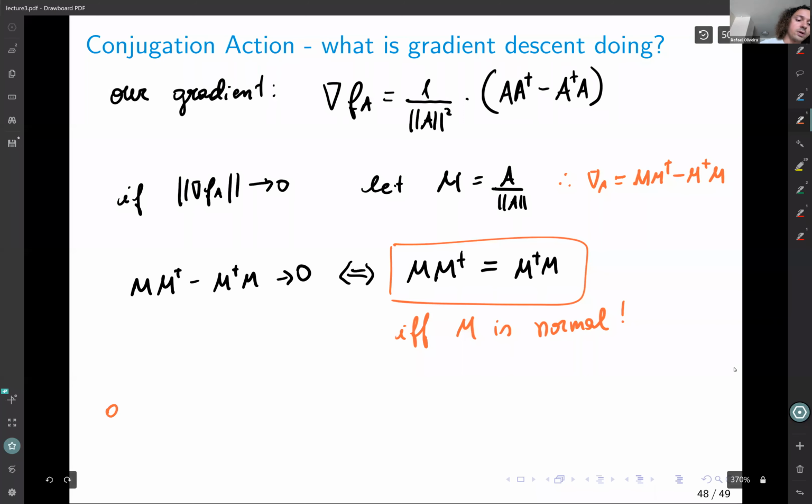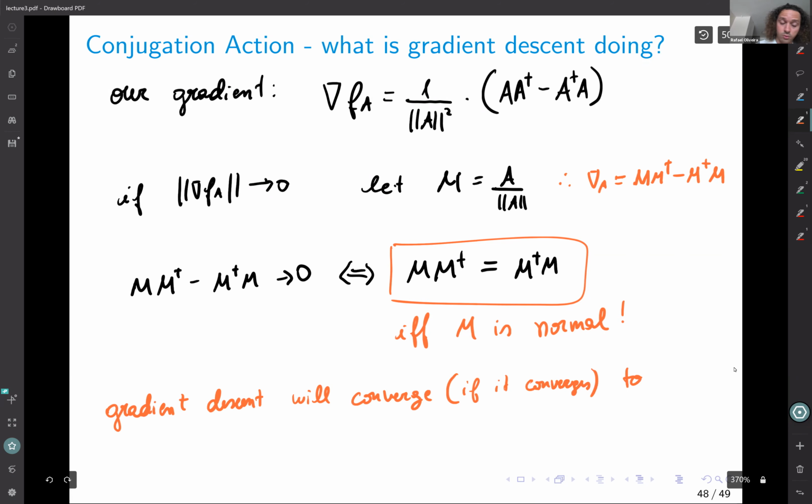So in particular, our gradient descent is converging. Look at what the amazing thing is doing: this gradient descent will converge, if it converges, to a normal matrix.